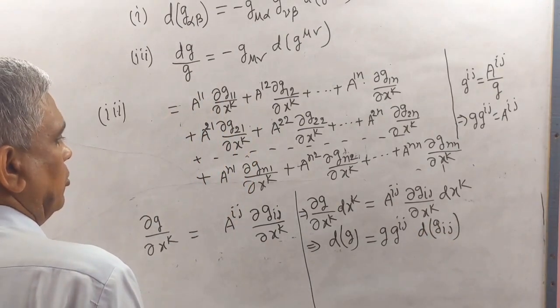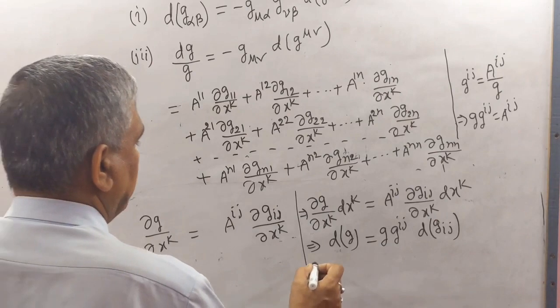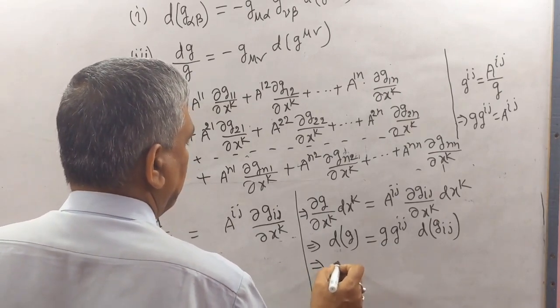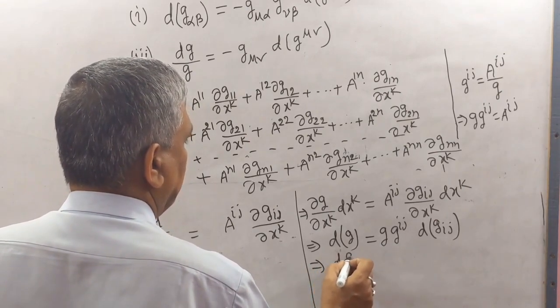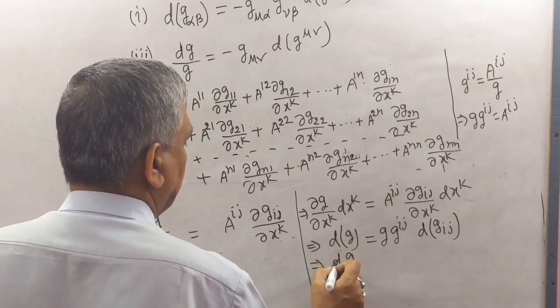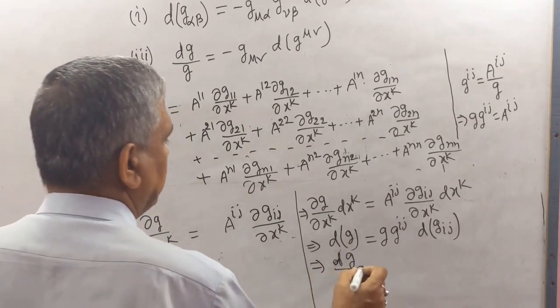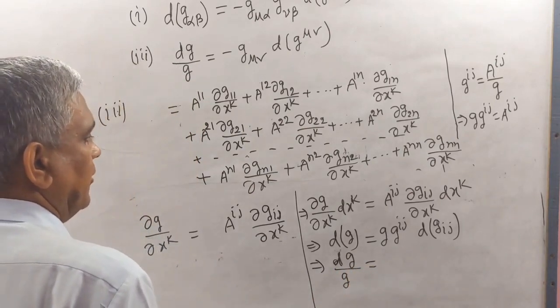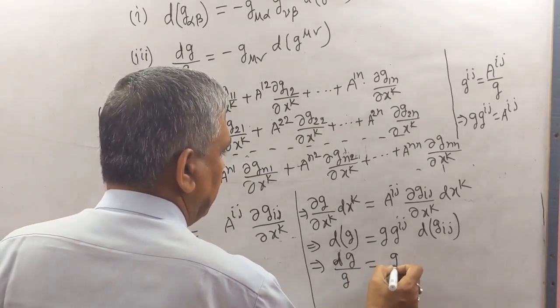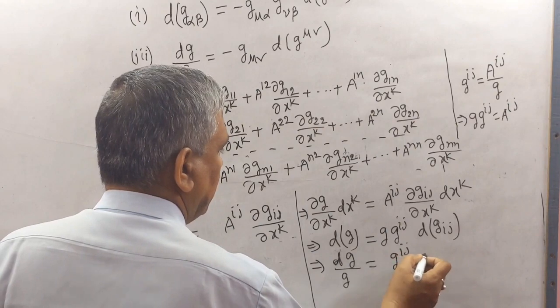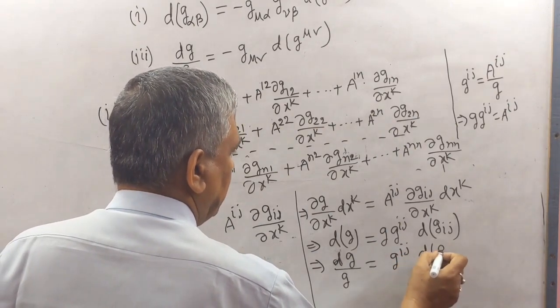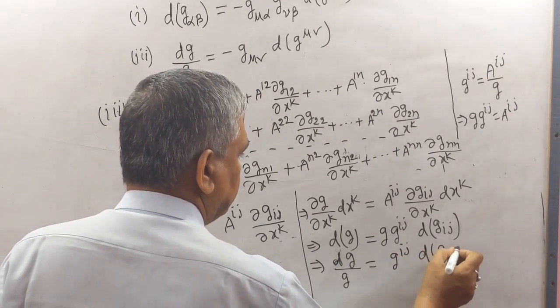So we will get dG by G equal to Gij dgij.